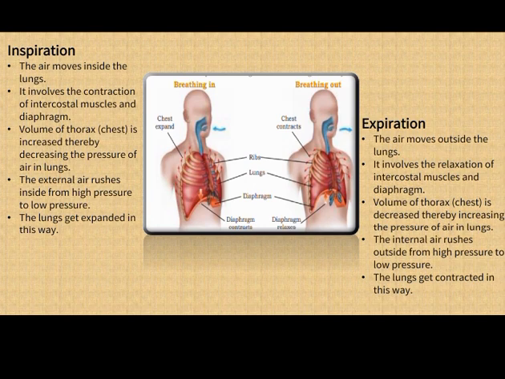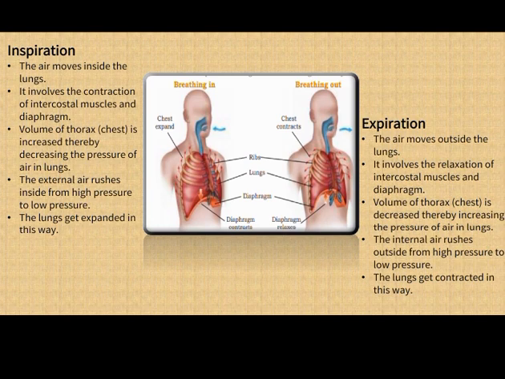You can see in the diagram showing the breathing in process, the arrows coming out from the lungs basically depict the increase of the thorax. The volume of the thorax increases and decreases the pressure of air in the lungs.